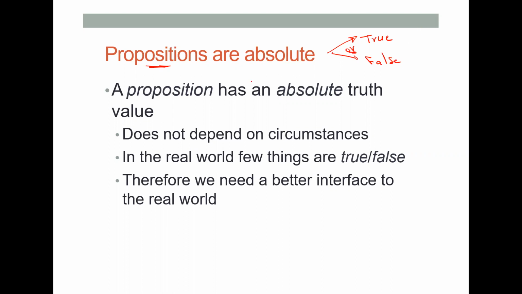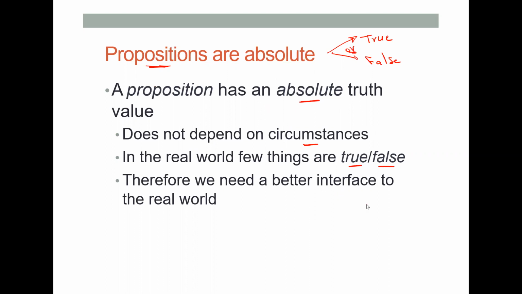So the proposition has an absolute truth value, and it also does not depend on circumstances. Its value is known and doesn't depend on other parameters. And as I said, values are either true or false, and propositional logic is not powerful enough to model a real-world situation.